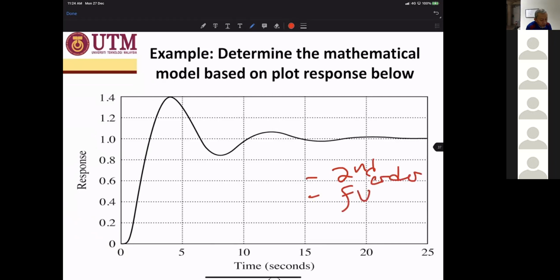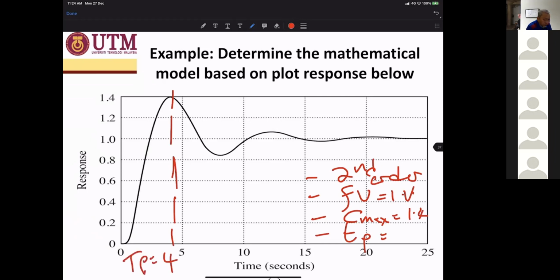Final value, 1 volt. Cmax, 1.4. Peak time, 4 seconds.